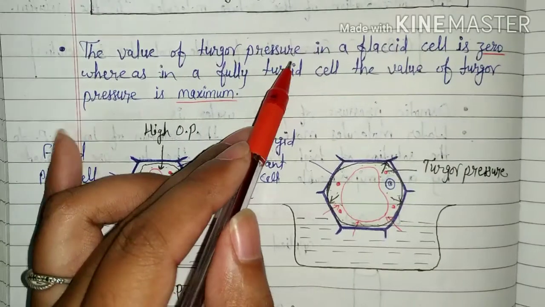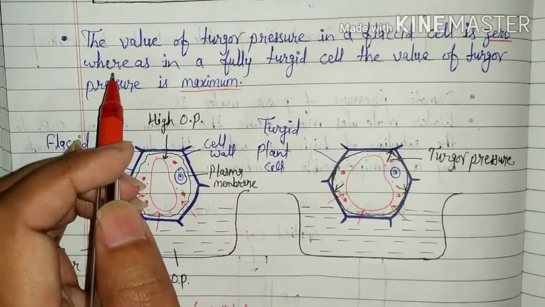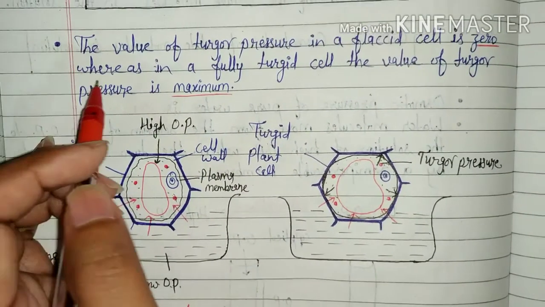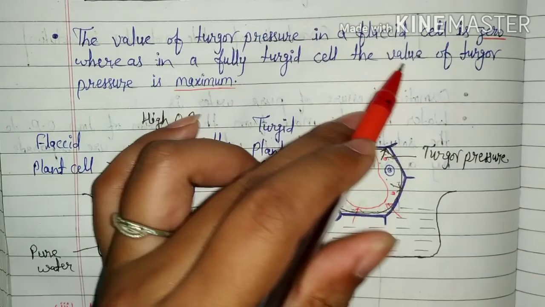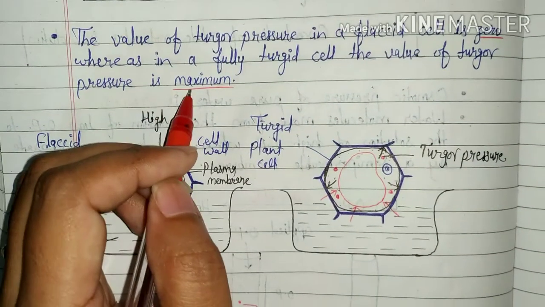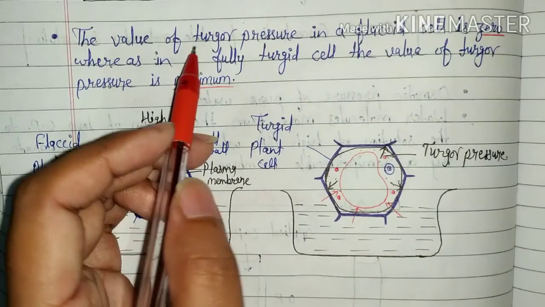The value of turgor pressure in a flaccid cell is always 0, whereas in a fully turgid cell the value of turgor pressure is maximum, because turgor pressure is the demand of water in the cell, and it arises due to high osmotic pressure in the cell content.